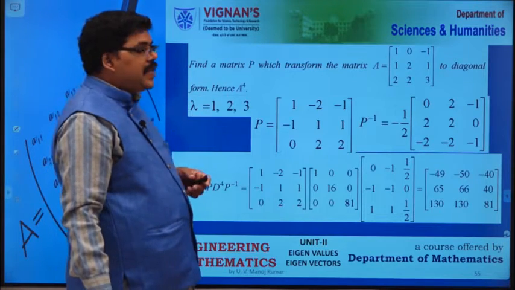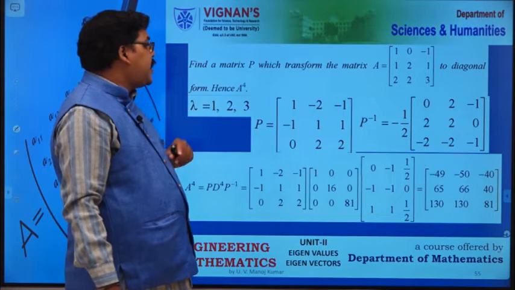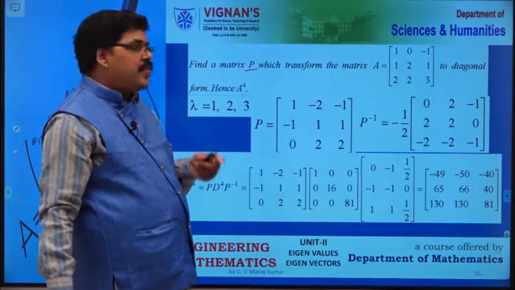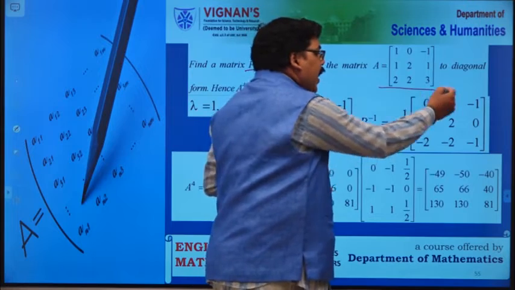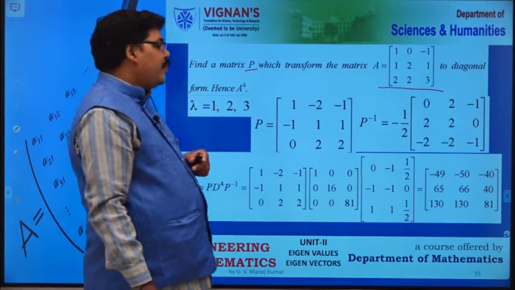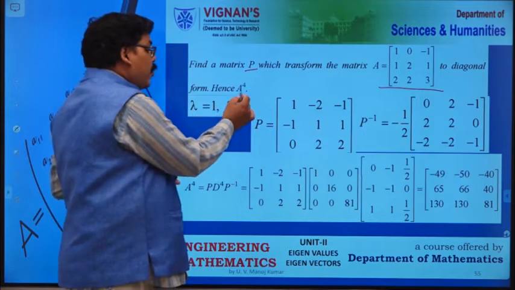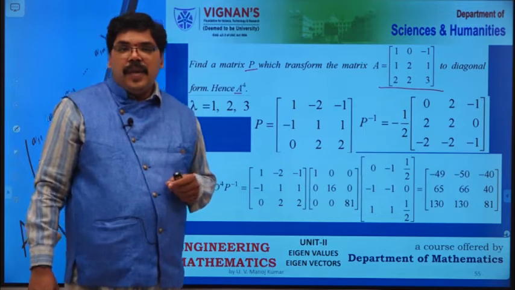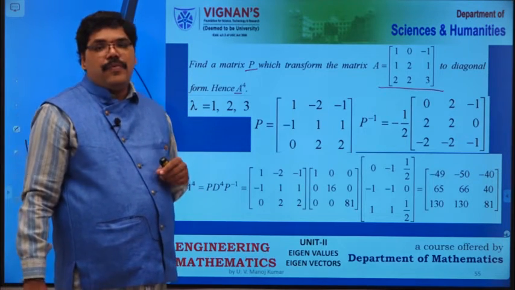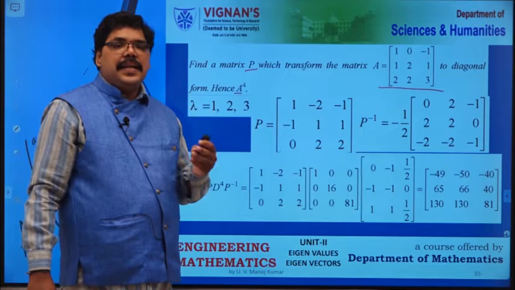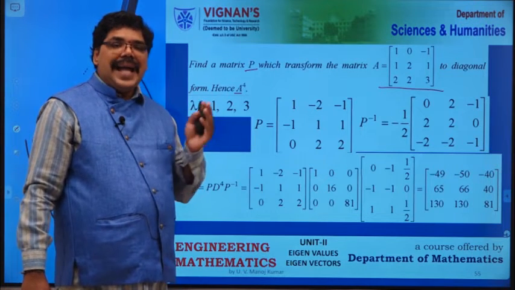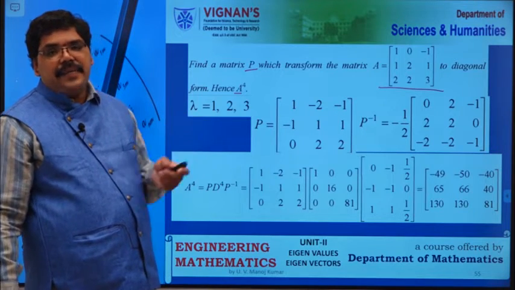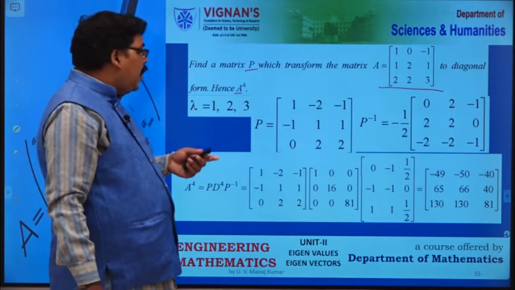So there is an example here. Find a matrix P which transforms, meaning reduces, A into diagonal matrix, and hence find A power 4. Okay, you have to reduce the matrix into diagonal form, and also find A power 4. For reducing the matrix into diagonal form, we find eigenvalues and eigenvectors.